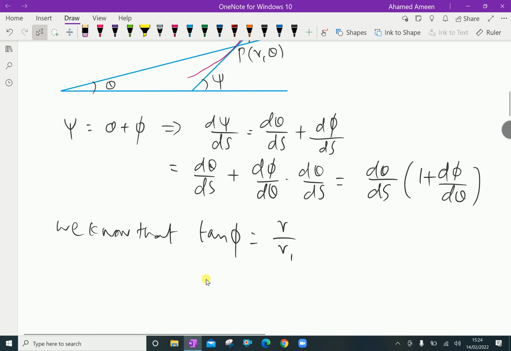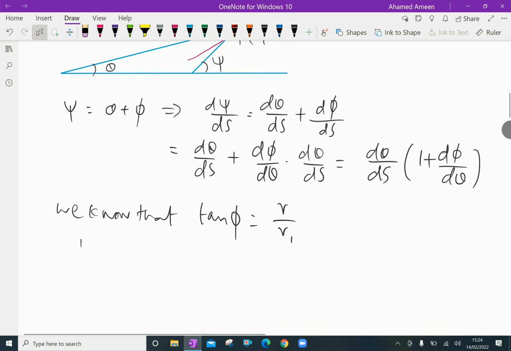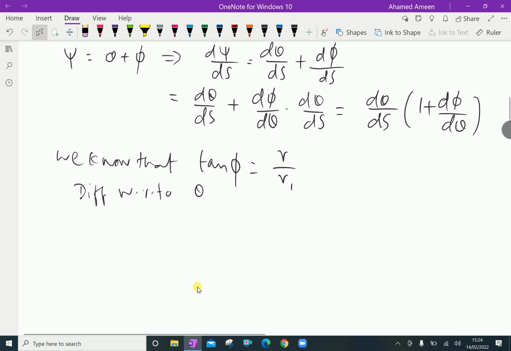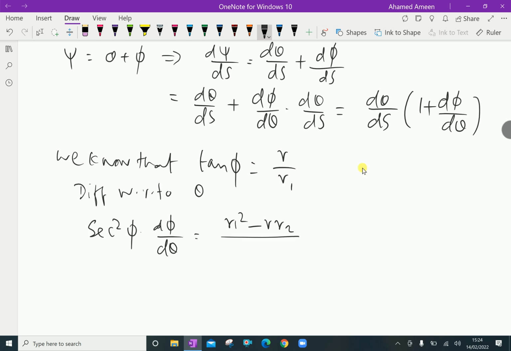Differentiating with respect to theta on both sides, we have secant squared phi into d phi by d theta equal, using the quotient rule, to (r1 squared minus r r2) over r1 squared.